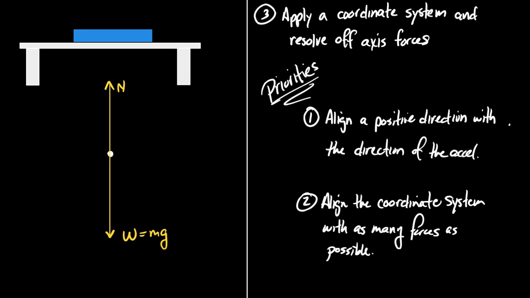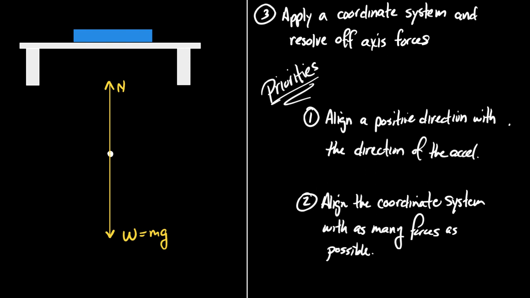Now, this one is kind of a silly example of this, but I have students who will do crazy stuff. I can put X in any direction I want, but understand that whatever direction you choose for X, you are assigning a direction for Y. You can't just decide now to put Y this direction if X is at an angle. X and Y have to be perpendicular to each other.